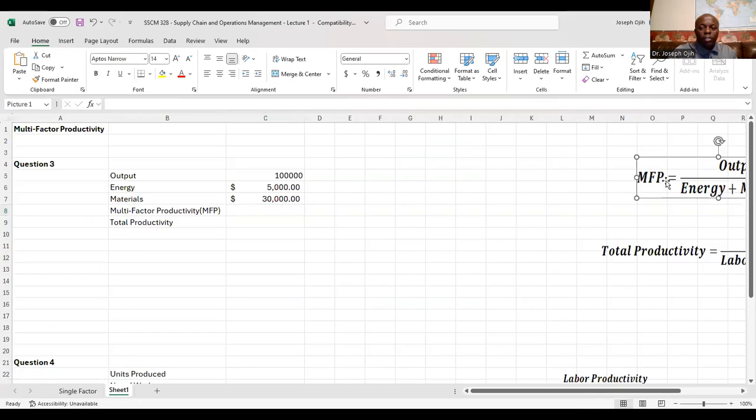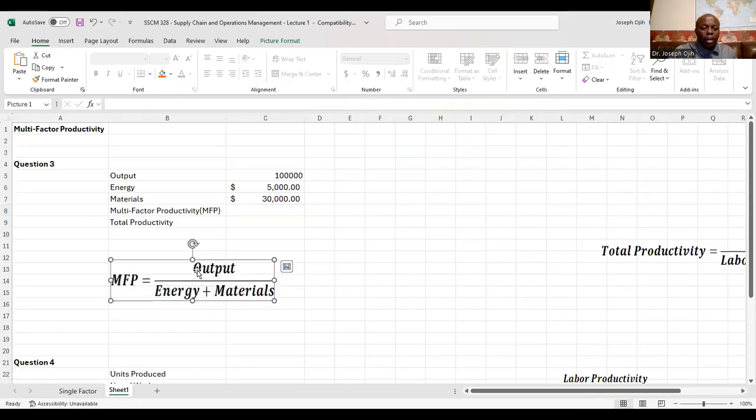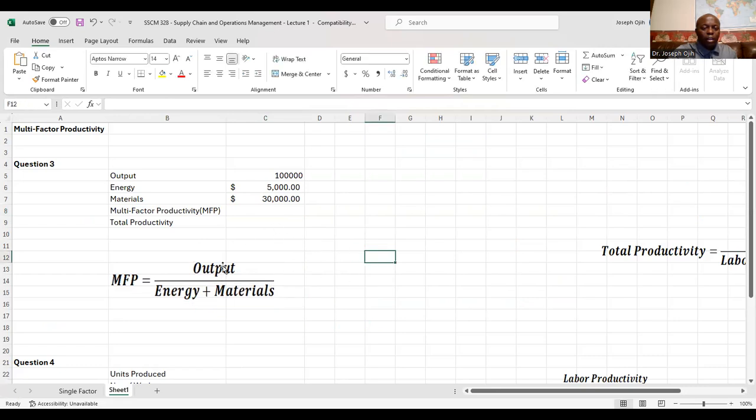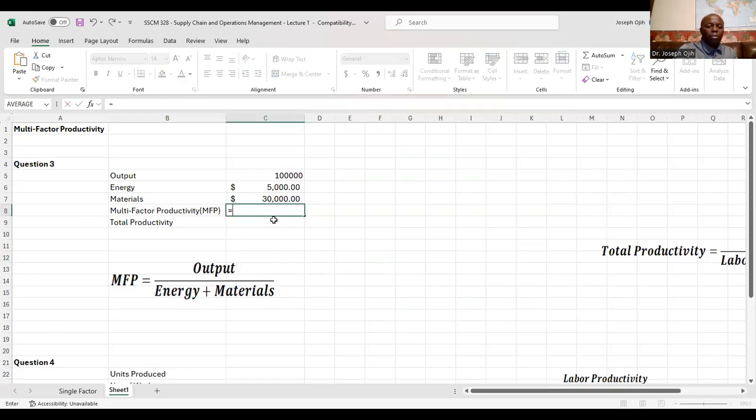For the multi-factor productivity, look at the formula right here: output divided by energy plus material. So that gives us equals output divided by, in parentheses, energy plus materials.